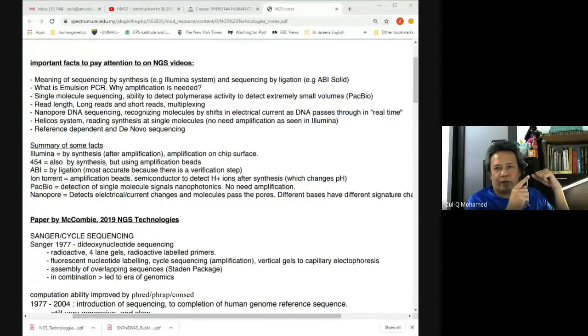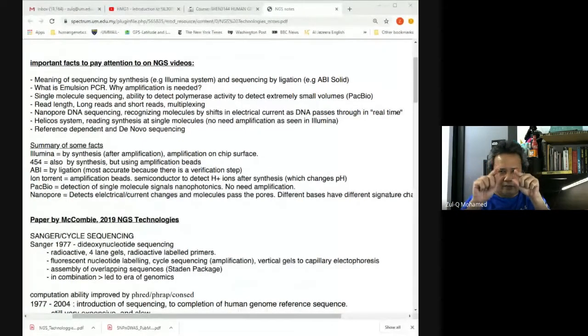The other one is Nanopore. I kind of like the idea from Nanopore. Nanopore uses pores. A membrane has pore molecules, and they design a pore that allows molecules to pass through, and they run a current.